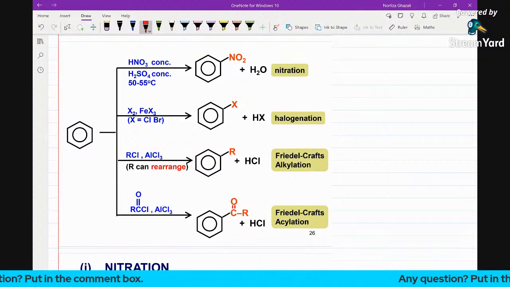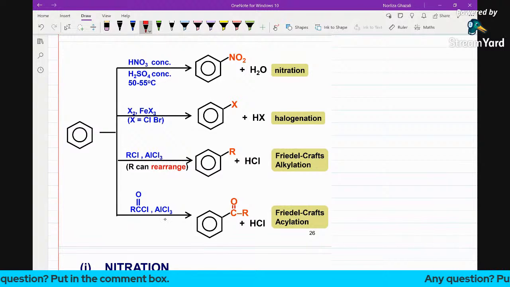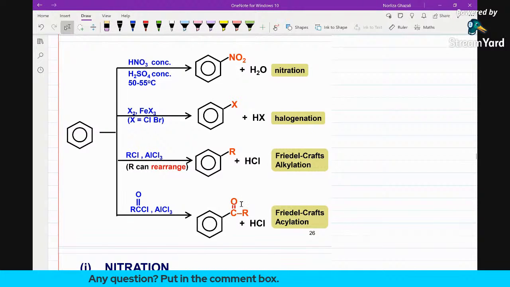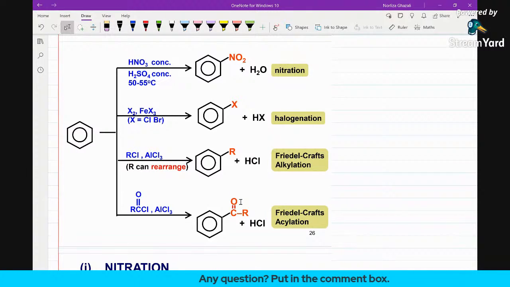So we remove hydrogen from benzene and we remove chlorine from acyl chloride, become HCl, and then the C double bond OR replaces the place of the hydrogen earlier. So the product will be a ketone. So this is Friedel-Crafts acylation.